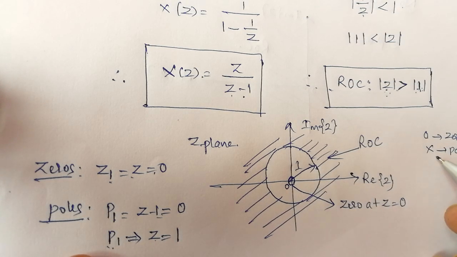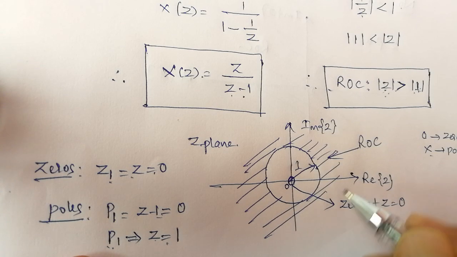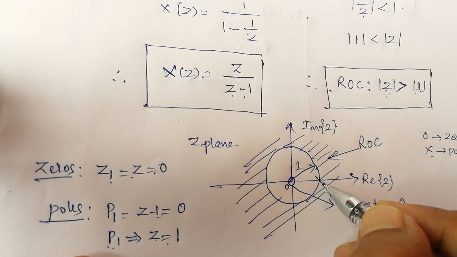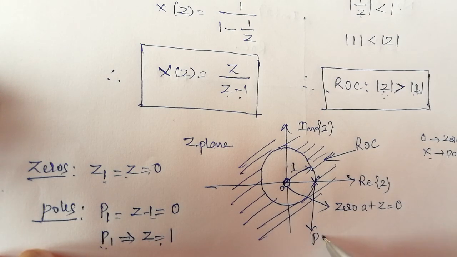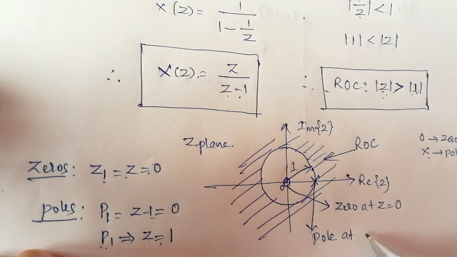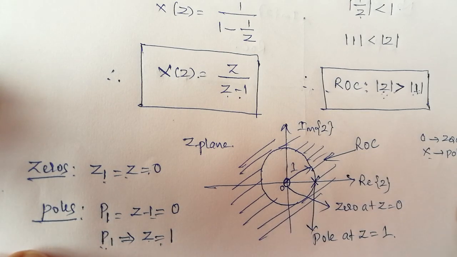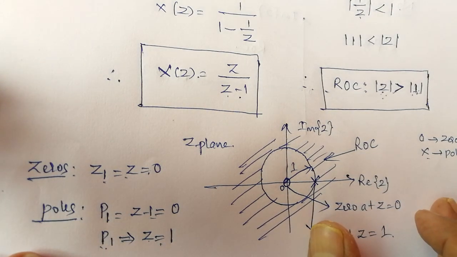Poles are represented by a cross mark, so the pole is present at z equals 1. This is about finding the Z transform of the unit step sequence, as well as the representation of the ROC and pole-zero pattern on the z plane.